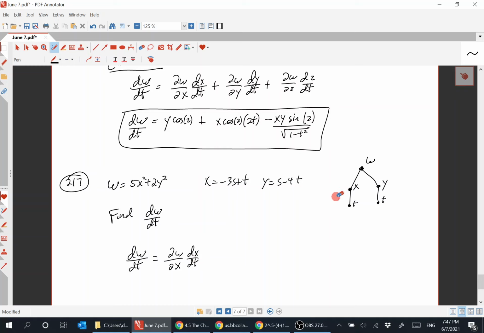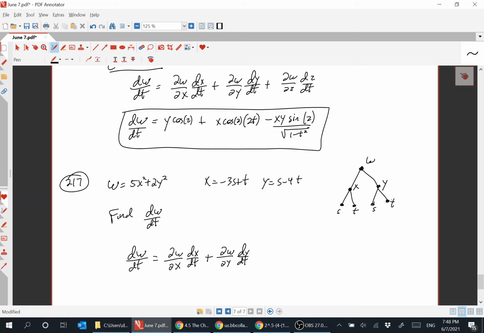That gives you this expression. And then w to y to t, right? That's partial w with respect to y, dy/dt. Oh, I'm sorry, s and t. Oops. S and t.